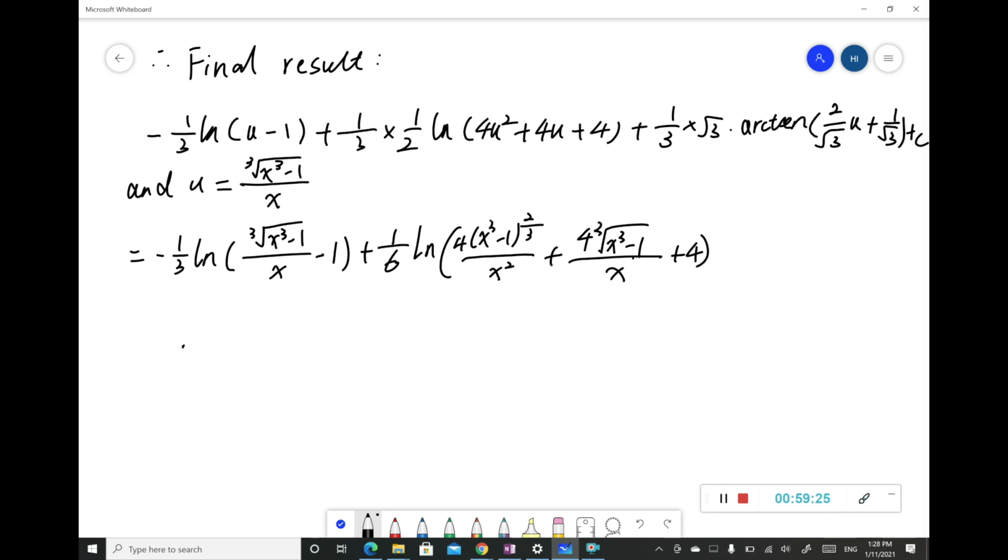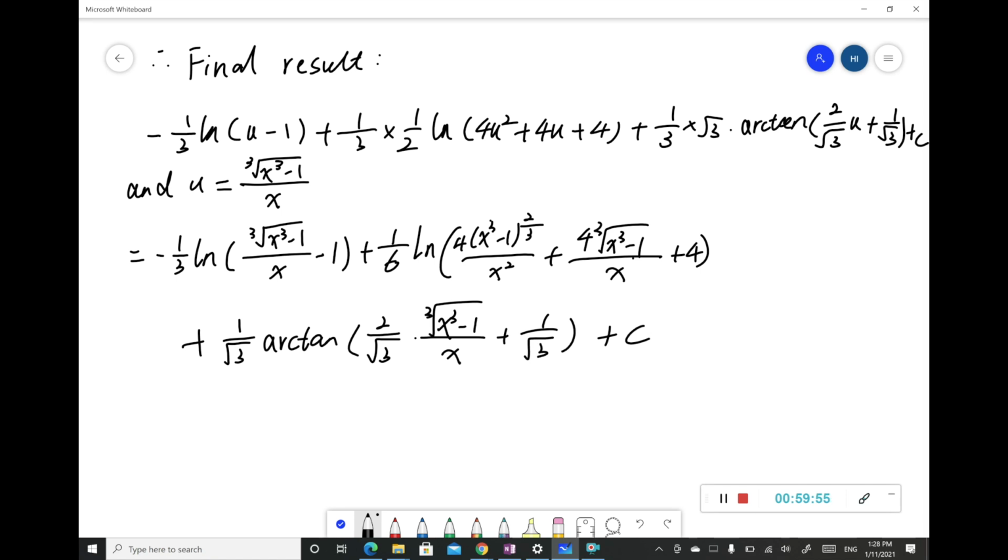The third item will be 1 divided by square root 3 times arctangent of 2 divided by square root 3 times the radical of x cubed minus 1 divided by x, plus 1 divided by square root 3, and the last item is c. So here is the final result.